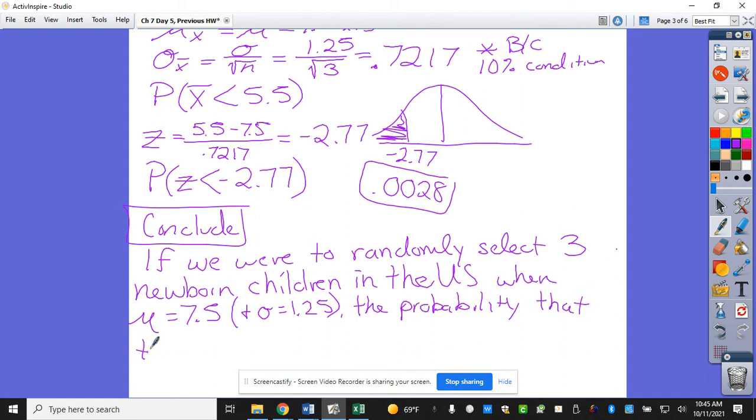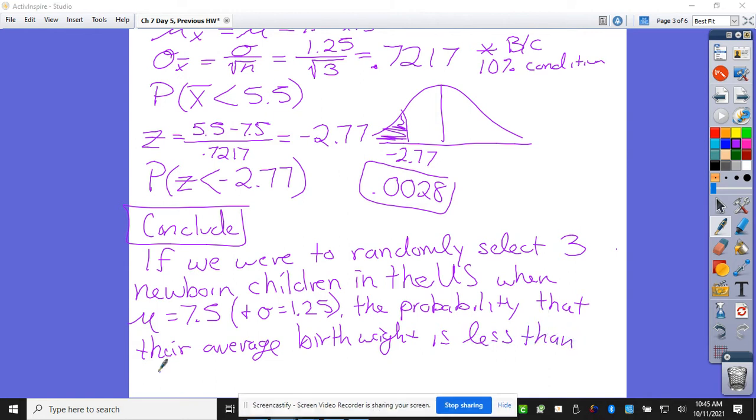That their average birth weight is less than 5.5 pounds is about 0.0028.